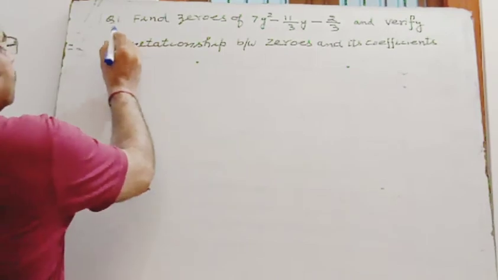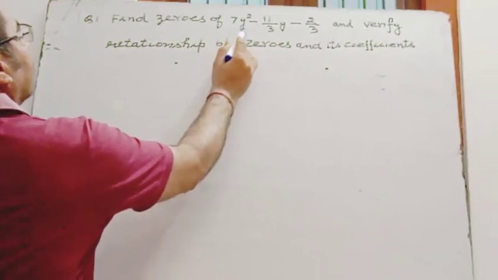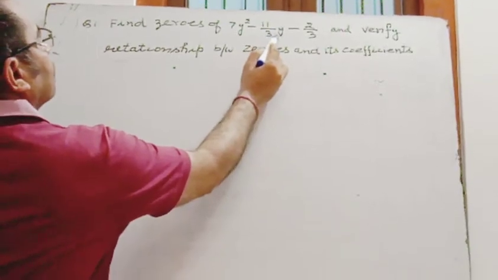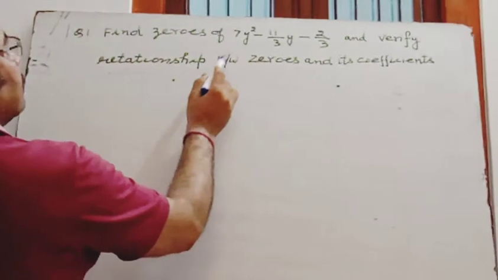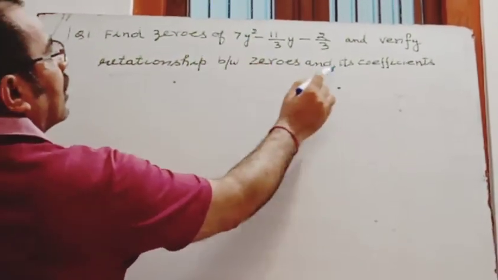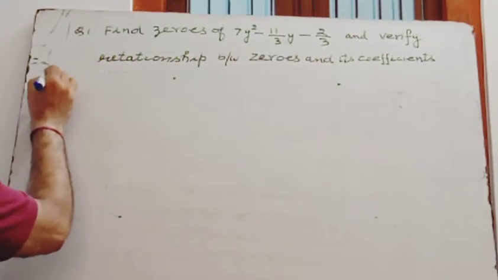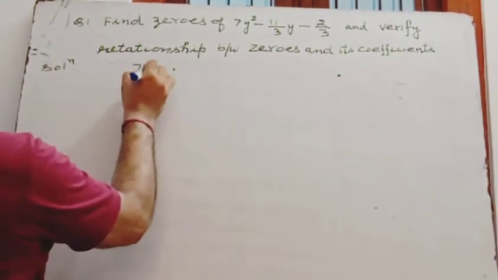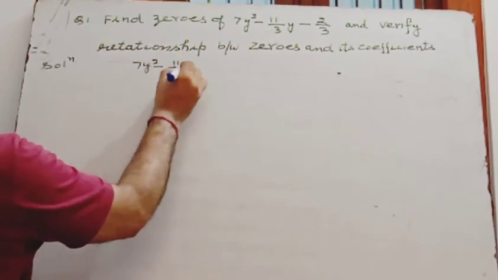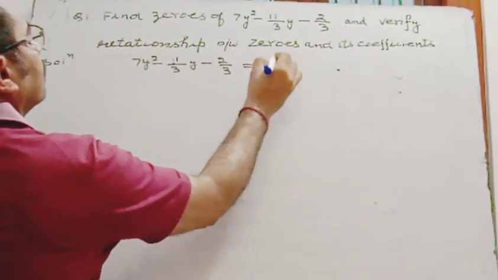Question number 1. Find zeros of polynomial 7y² - (11/3)y - 2/3 and verify the relationship between zeros of this with its coefficients. Solution. 7y² - (11/3)y - 2/3 = 0.